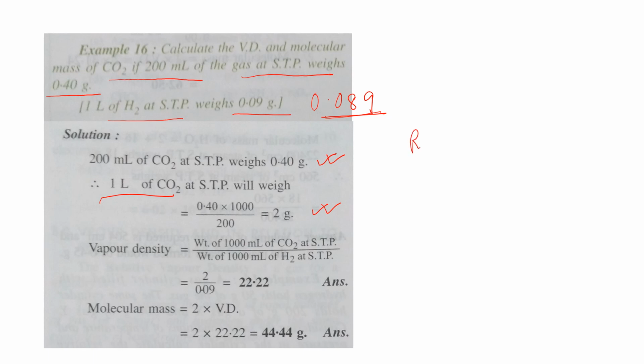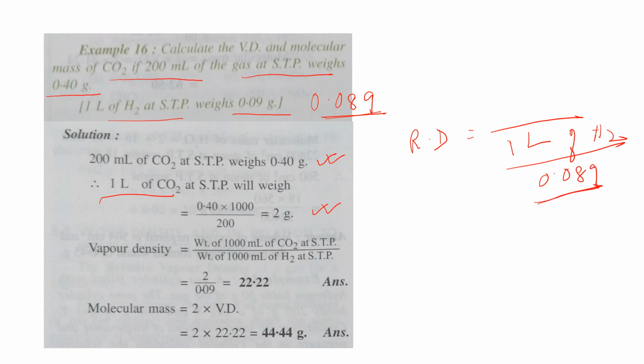You know that the formula of relative vapor density is given by comparing with the hydrogen, same volume of the hydrogen. We are comparing the same volume of the gas with the same volume of the hydrogen, and we know for 1 liter of hydrogen, that is why it is known, that is 0.089.